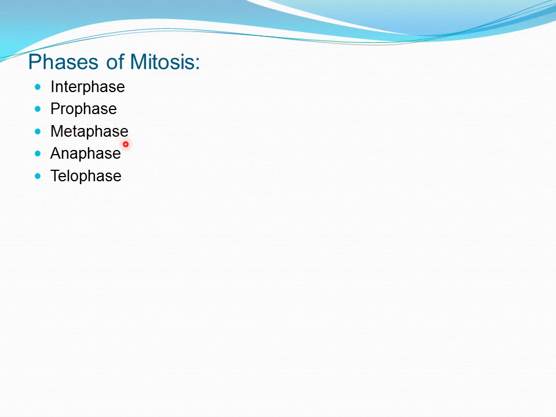Here we have not written that as a prominent phase, as the main 5 phases present in mitosis are interphase, prophase, metaphase, anaphase, and the last part is telophase. Now we are going to study all these parts in detail in this video. So let us start with the first phase, interphase, and what is happening in it we will know.